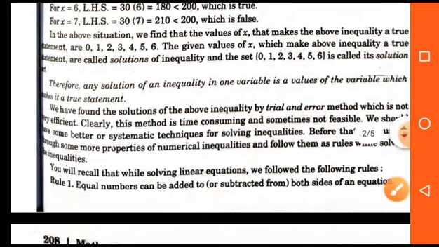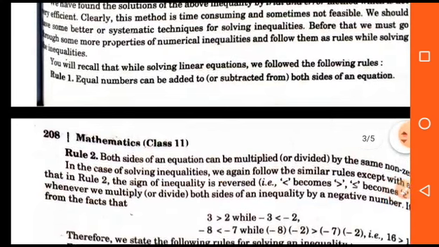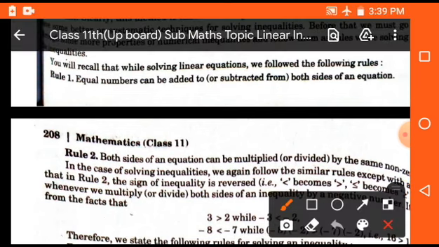Now there are some rules by which we can find the solution set of any linear inequality. The first rule is that equal numbers can be added or subtracted on both sides of an inequality. If we add an equal number or subtract an equal number from any inequality, then there will be no change in that inequality.